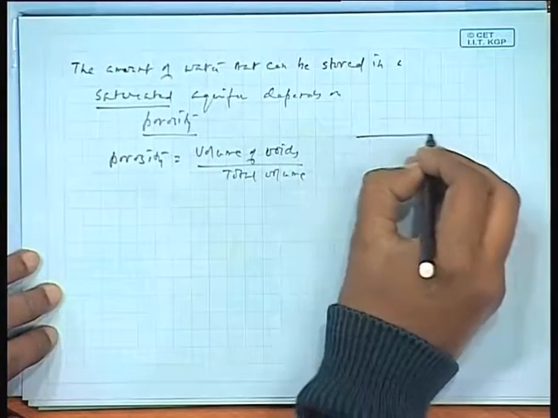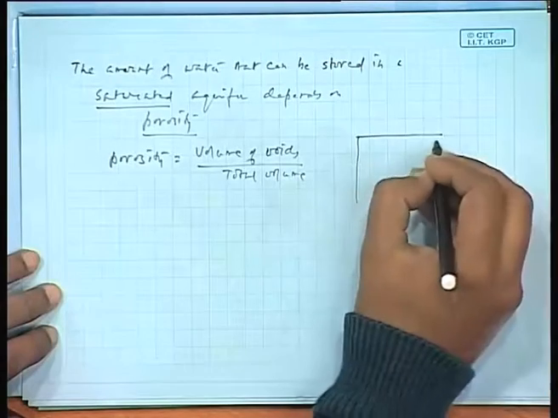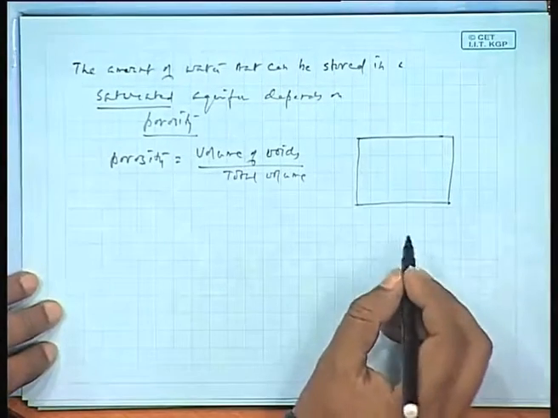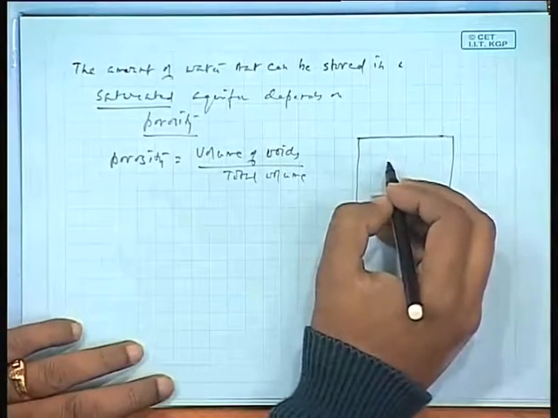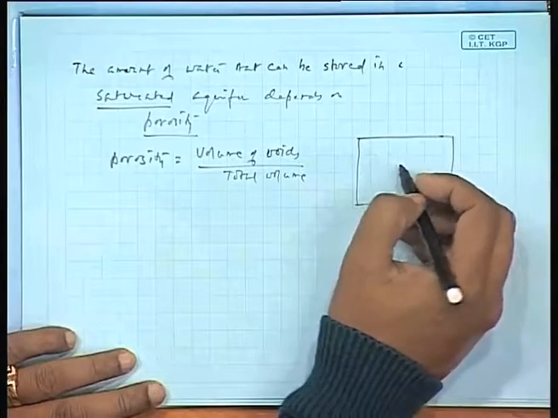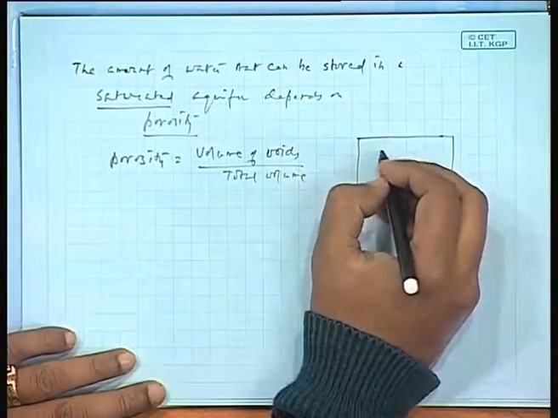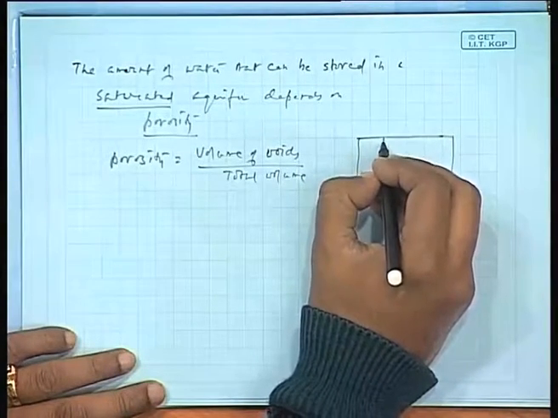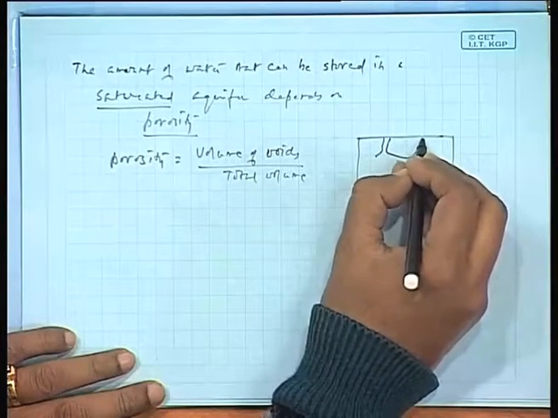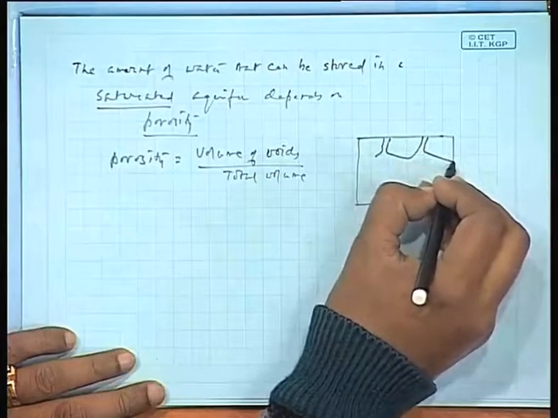So if you are just trying to think of a structure, either rock or soil or whatever, it can be rock, it can be soil also. In such a situation, there will be structures like this where there will be voids like this.